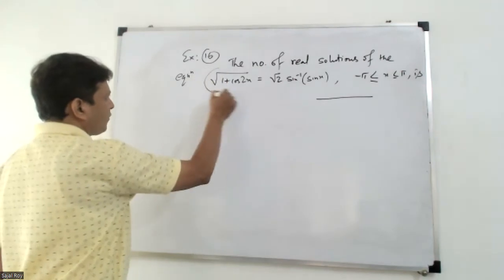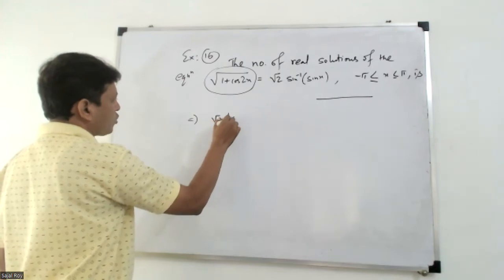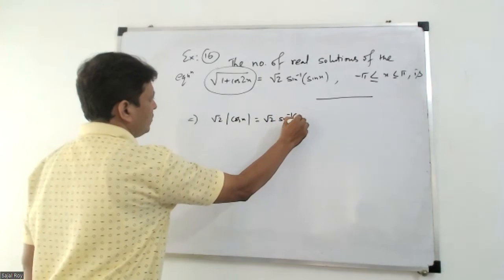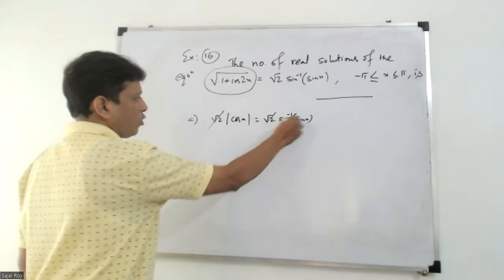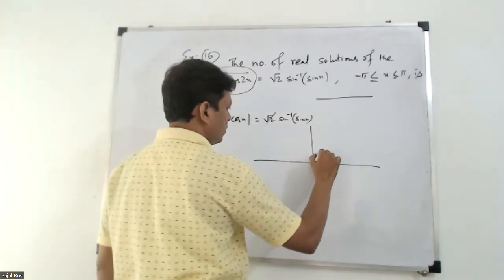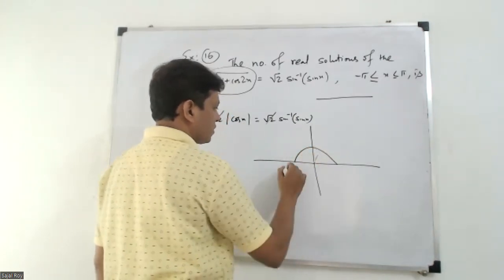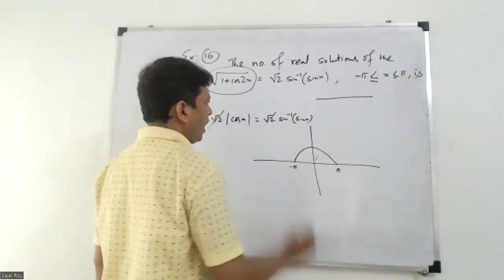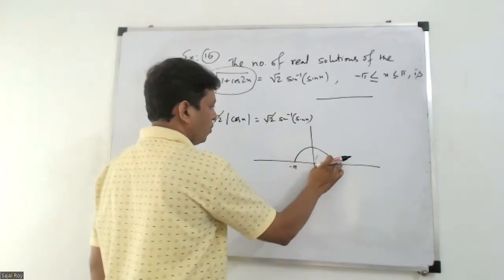What about the left hand side? Root 2 mod cos x. You are wrong. Correct? So you have to draw mod cos x and you have to draw sin inverse sin x in this range. This is your mod cos x, minus pi to pi. And what about sin inverse sin x? Sin inverse sin x will be, oh, okay.